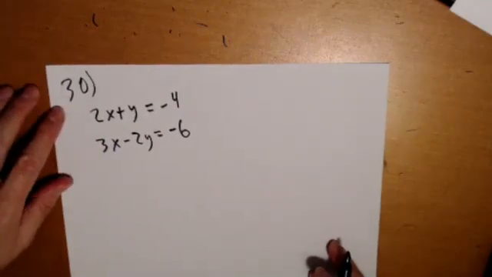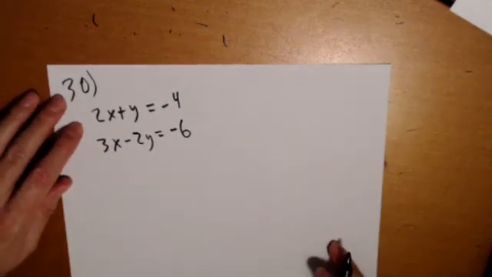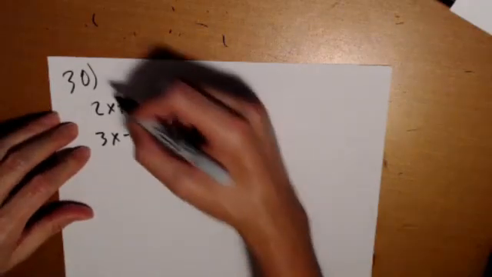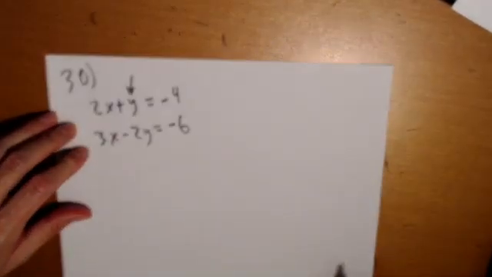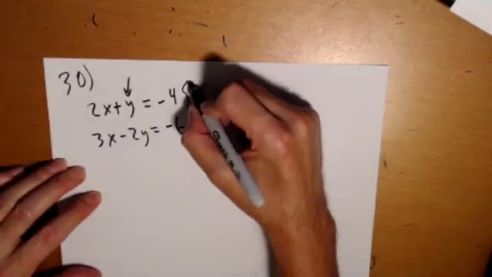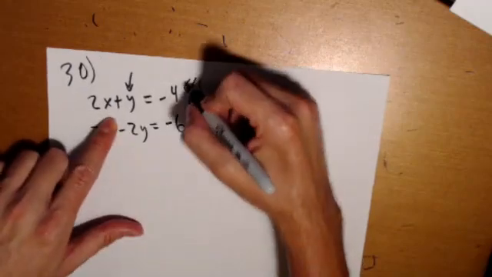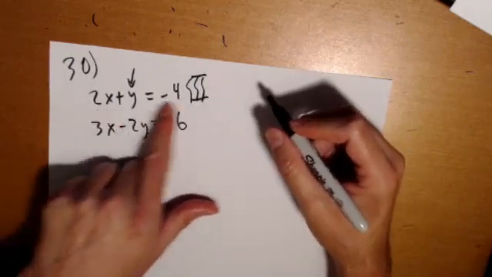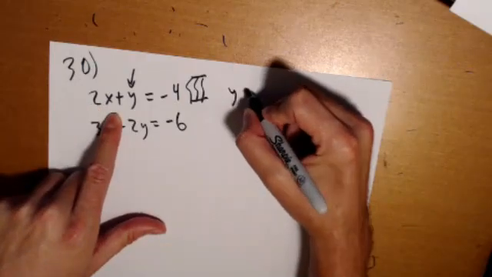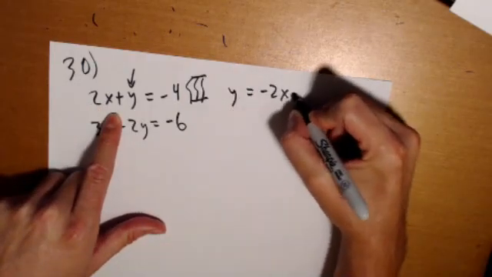So the substitution method that they want you to do is what I consider a fancy trick. So you see how there's just a y alone? So if you have one guy just kind of alone, we can rewrite this top equation if I subtract 2x from both sides. So y is equal to minus 2x minus 4.